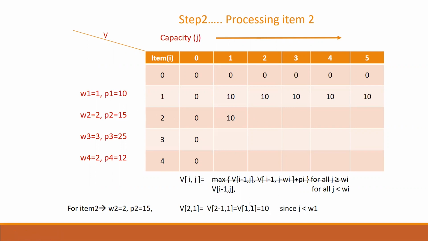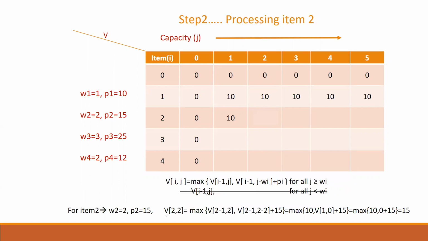So according to the formula, V of 2 comma 2 is nothing but we have to use this formula, because the knapsack weight is now equal to the weight of item 2. For these cells, knapsack capacity 3, 4, 5 is greater than the weight of item 2.